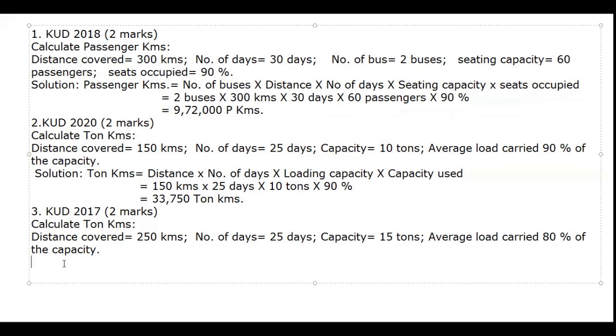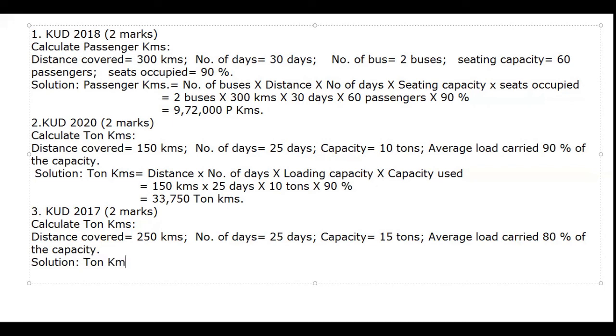That is, distance covered is 250 kilometers, number of days 25 days, capacity is 15 tons, and average load carried was 80% of the capacity. Again, we'll go for the solution. We have to calculate ton kilometers here.